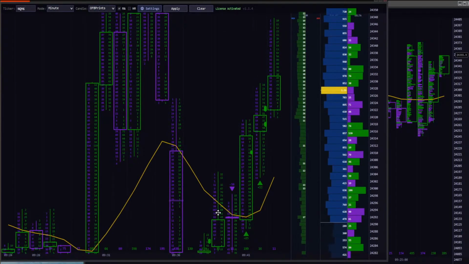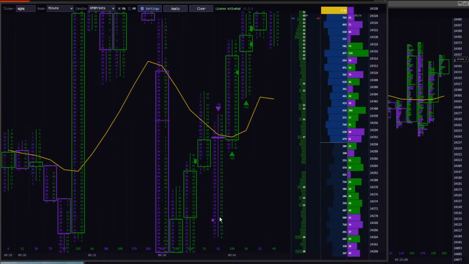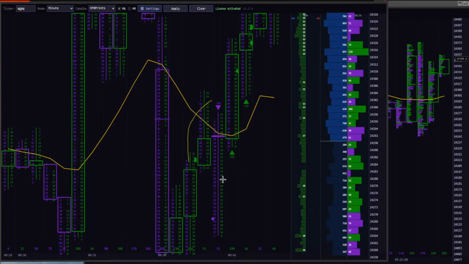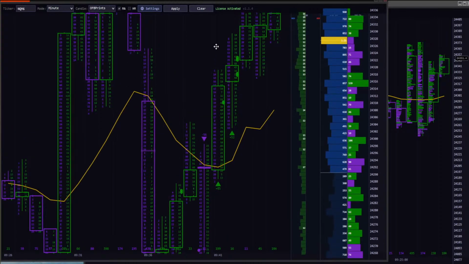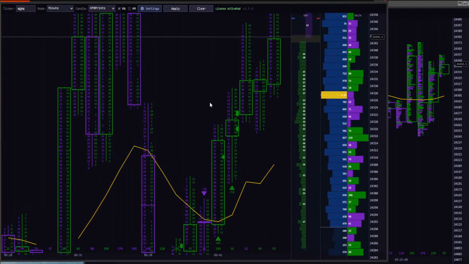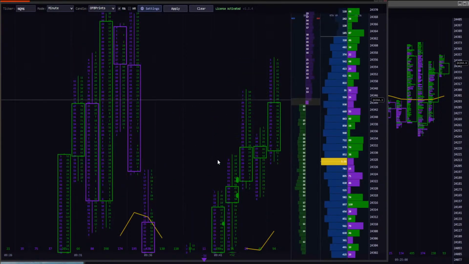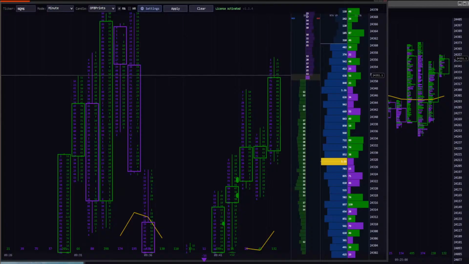We have some delta surges right here. In this area right here, you really don't want to do anything. You got to have momentum. You're not looking to get the whole move. You're only looking to get a piece of the move. You got to get your base hits. Just get a piece of the move and move on.